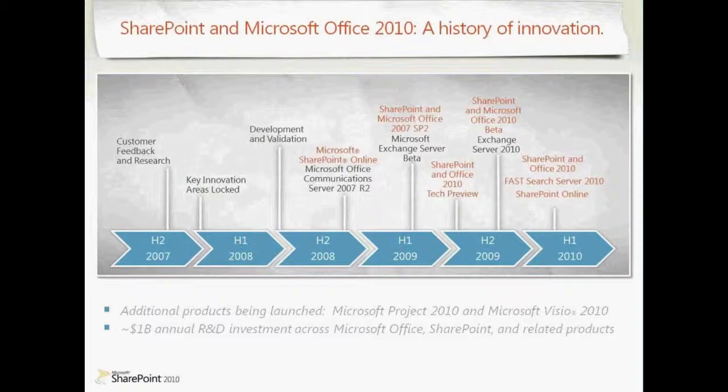And of course the SharePoint Online is now using the 2010 version. So if you use SharePoint Online, it's going to look very similar to your on-premises SharePoint implementation if it's 2010.